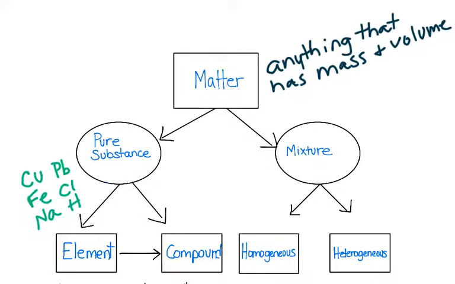A compound, on the other hand, is a substance that contains more than one element, like H2O, CO2, NaCl. So anytime you have a substance where there's more than one element symbol in that formula, then you know it's a compound.